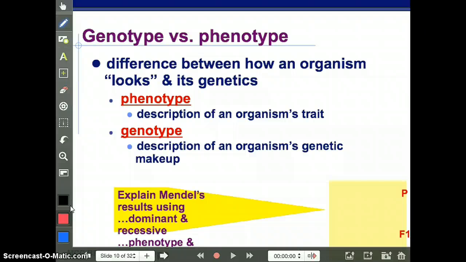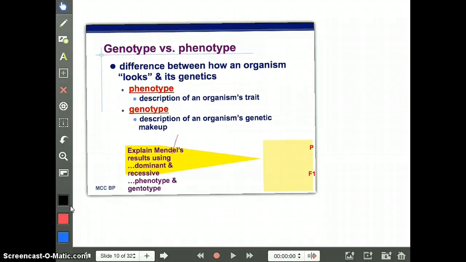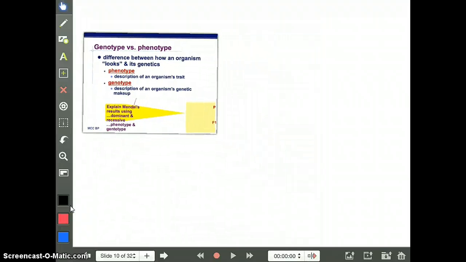Now, there's a difference between how an organism looks, the phenotype, and the genotype. We already mentioned the term phenotype. The genotype we have not written out, but all that refers to is the genetic makeup. So if I wanted to show you again the genetic makeup of our example before, our two big P's is purple.